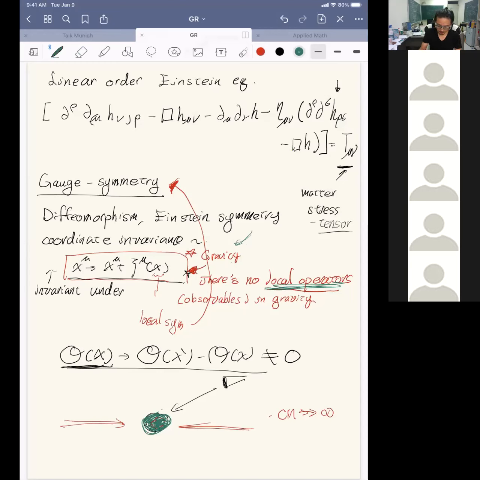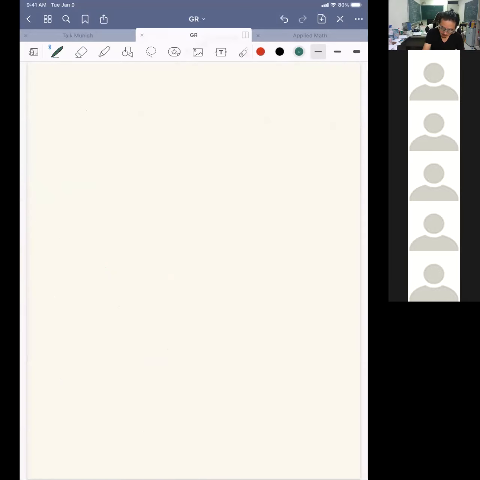Once we establish these things in much more rigorous detail, we'll discuss what the actual observables are that we can talk about in gravity. But I want to stress that because of this coordinate invariance, or this gauge symmetry, in gravity there's really no local observable. This is a very important aspect.